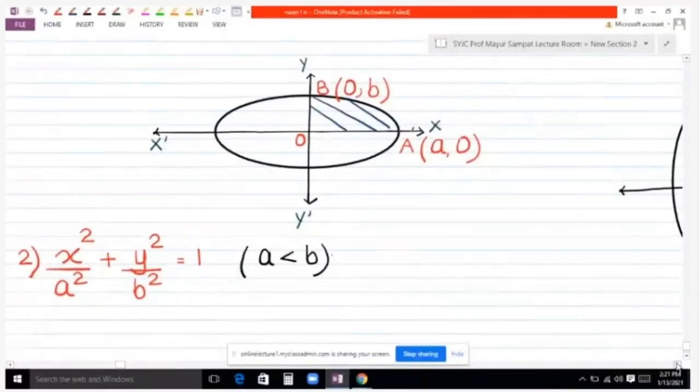And now you can see the diagram over here. This is the diagram for the ellipse. Draw the diagram neatly. Explain about the meaning of the x-intercept and y-intercept.